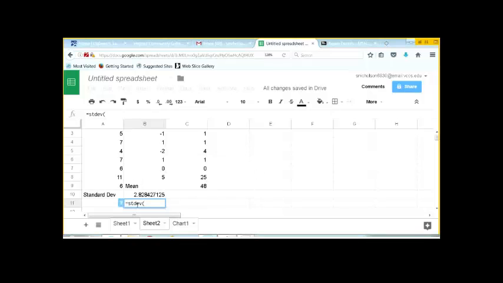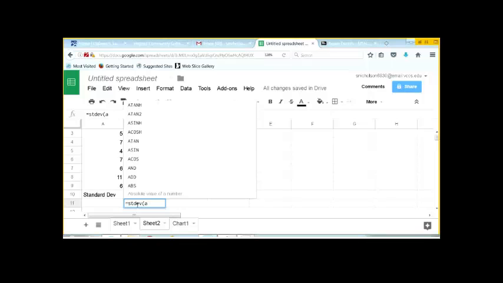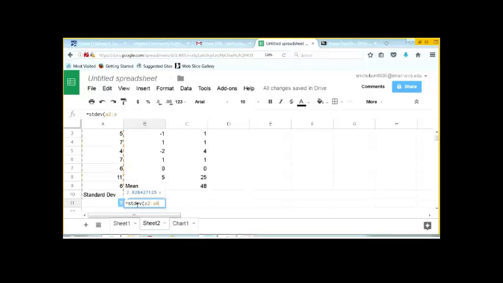And all you have to do again is put in the range of the cells where the data is. So you don't need all this extra stuff. So I'd go A2 colon A8. Those are the cells. And if I did that right, I should get exactly the same number, which I do. 2.8284. Okay. So this is something that you'll do for your project.